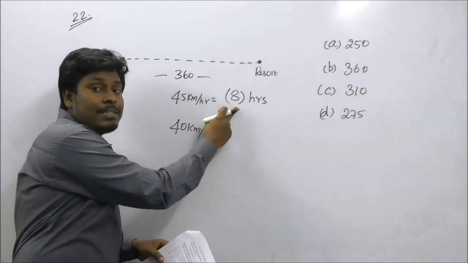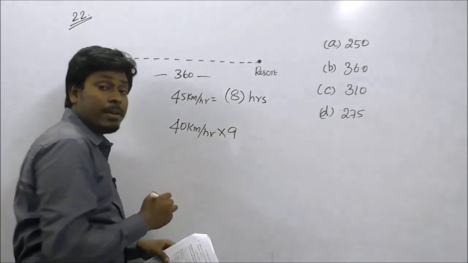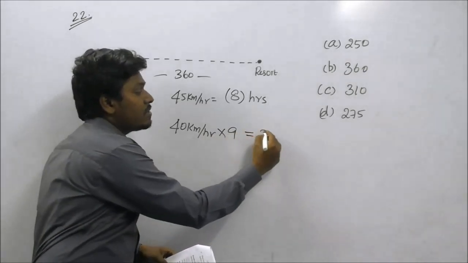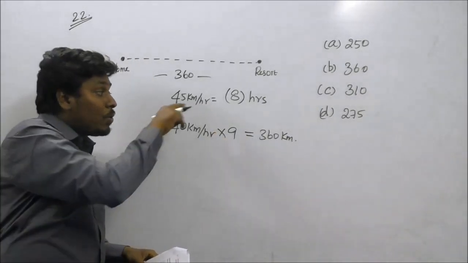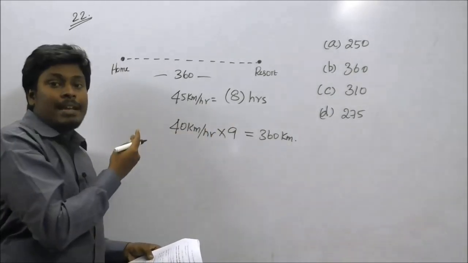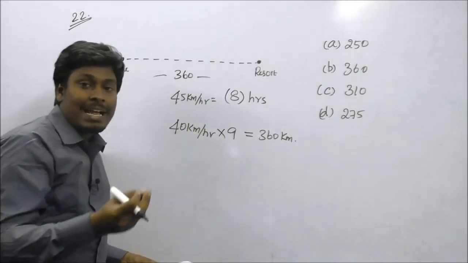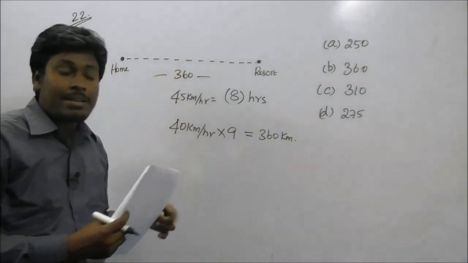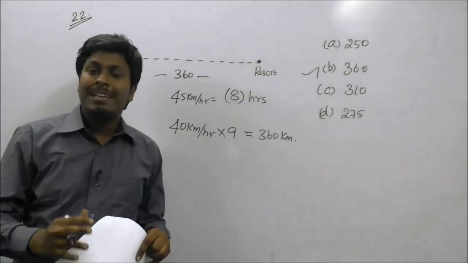So I am keeping 9 as it is. 9 into 40 kilometers gives you 360 kilometers. While going it is 8 hours, while coming it is 9 hours at a speed of 40 kilometers, and in both conditions we get 360 kilometers. Then definitely the distance between the home and resort will be 360 kilometers, option number 2. This is exactly correct.